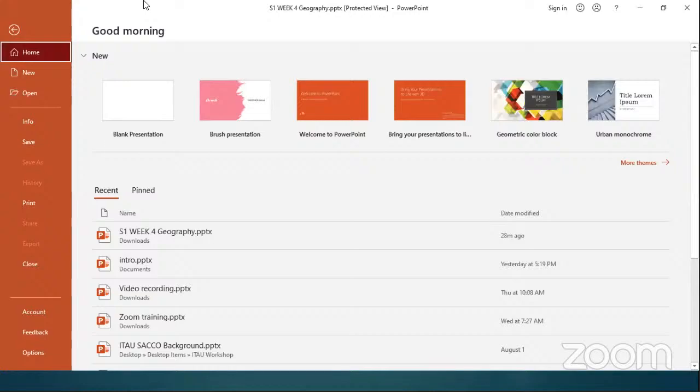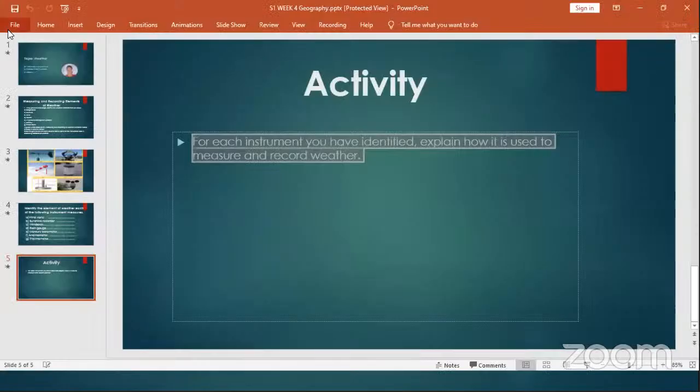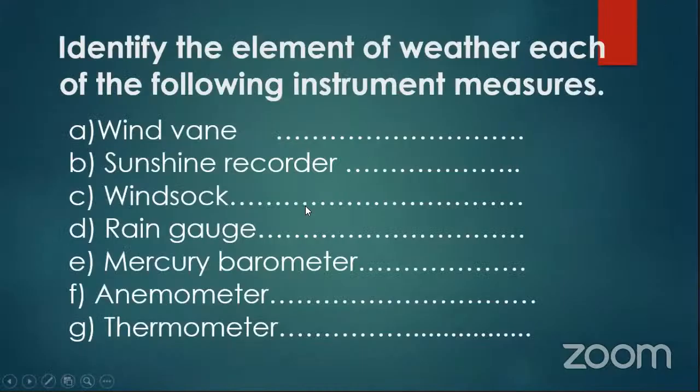People are trying, but they are not giving the right answer. Yes, Arnold B. It is used to measure the amount of rainfall. Amount of what? Yes, Arnold.